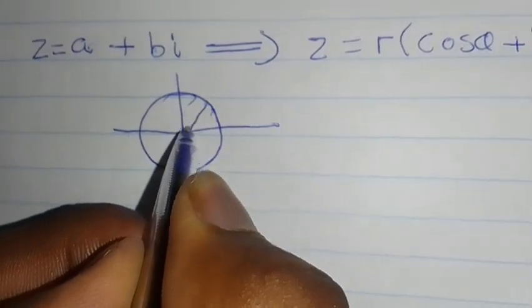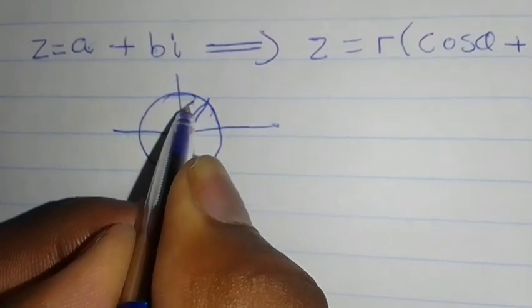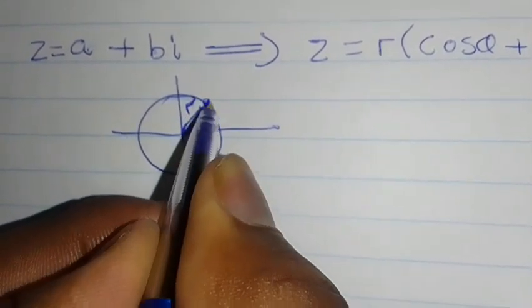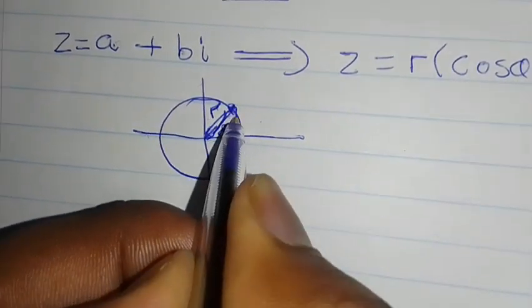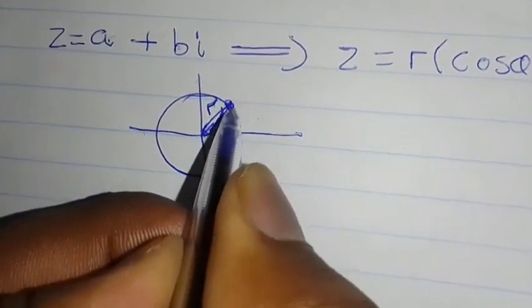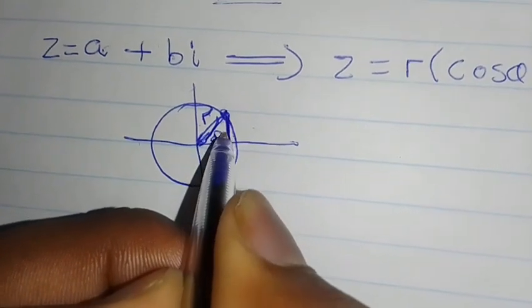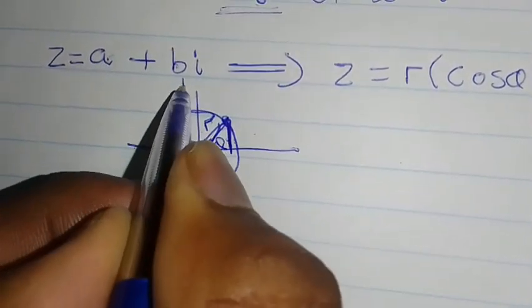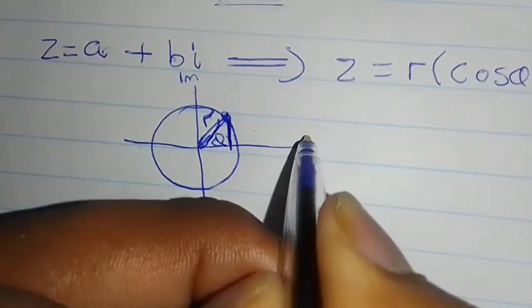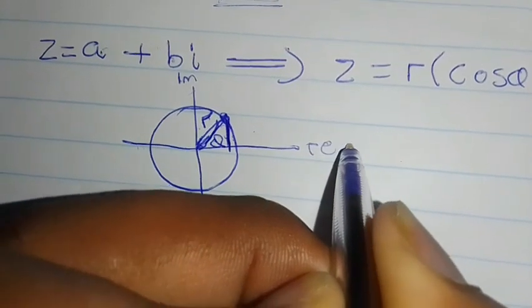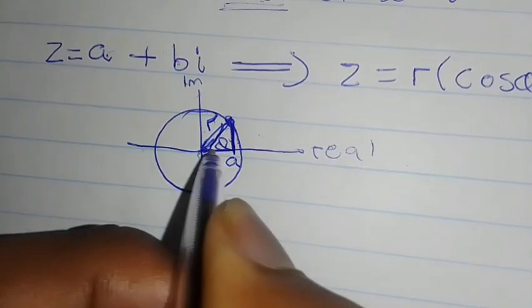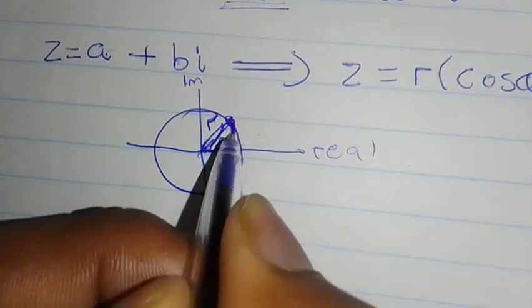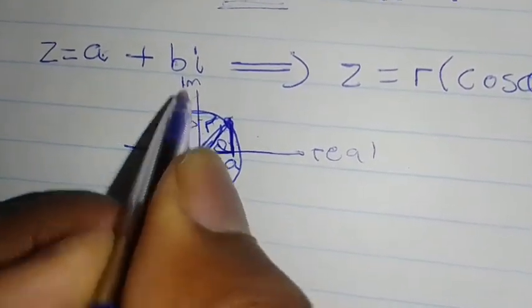So you have your radius here, and then you have a point there, and you have an angle here. How do you find this vertical length here? Notice that we'll call the vertical axis the imaginary axis, and we'll have a real axis, and the real axis will have a in it. So you'll have a like that, and then for the imaginary part you'll have b there, because b goes with the imaginary part.